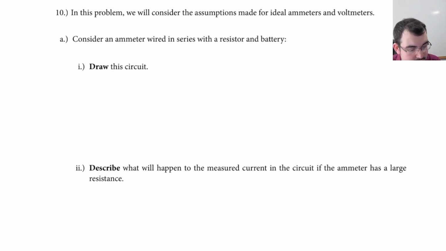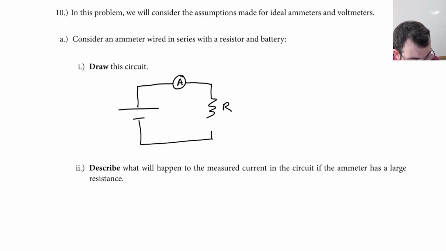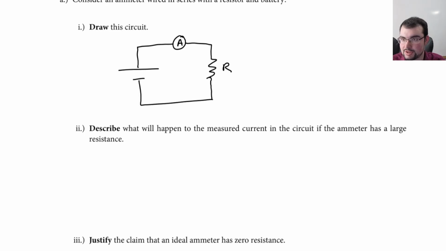So first, we're going to consider an ammeter wired in series with a resistor and a battery. What will happen to the measured current in the circuit if the ammeter has a large resistance?